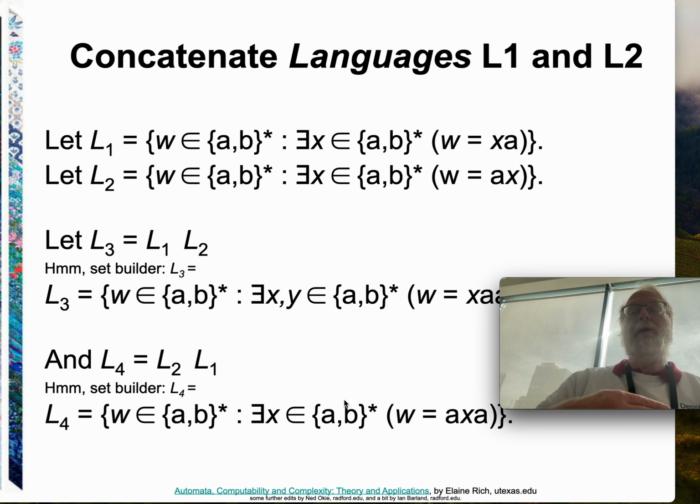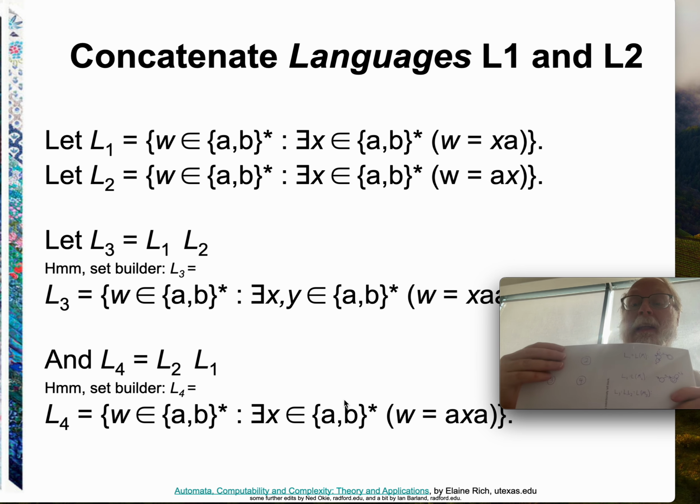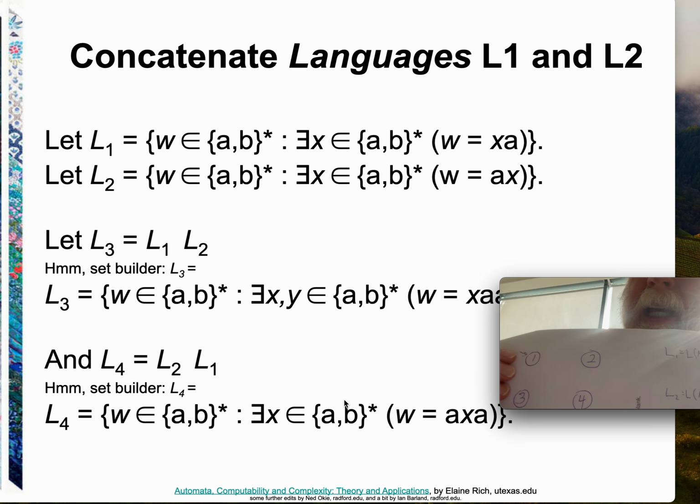Okay, how about L1? That was a more clever one, wasn't it? Here's where we really use non-determinism. I'm going to go ahead and have my L1, and here I have a machine that sits there and loops in state 1 over and over again. Whenever it sees an A, it probably loops back to itself, but if it chooses to, it can go to state 2, the accept state.